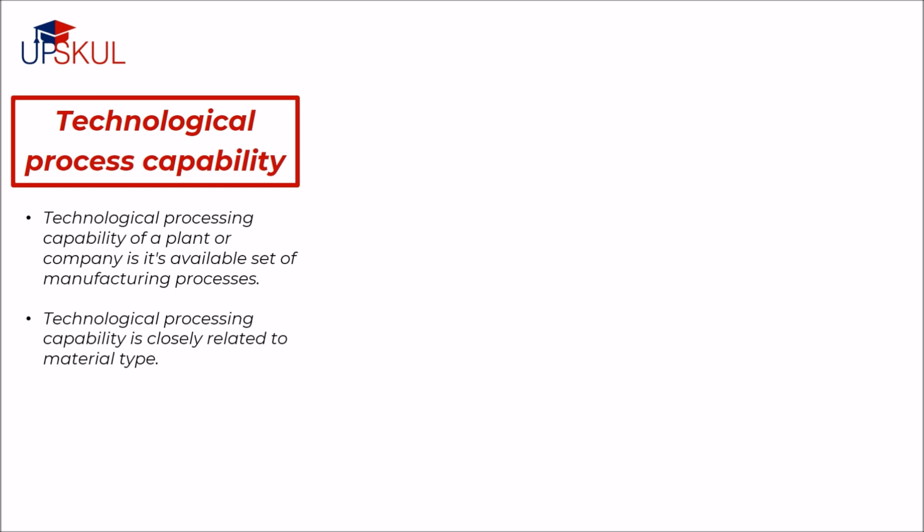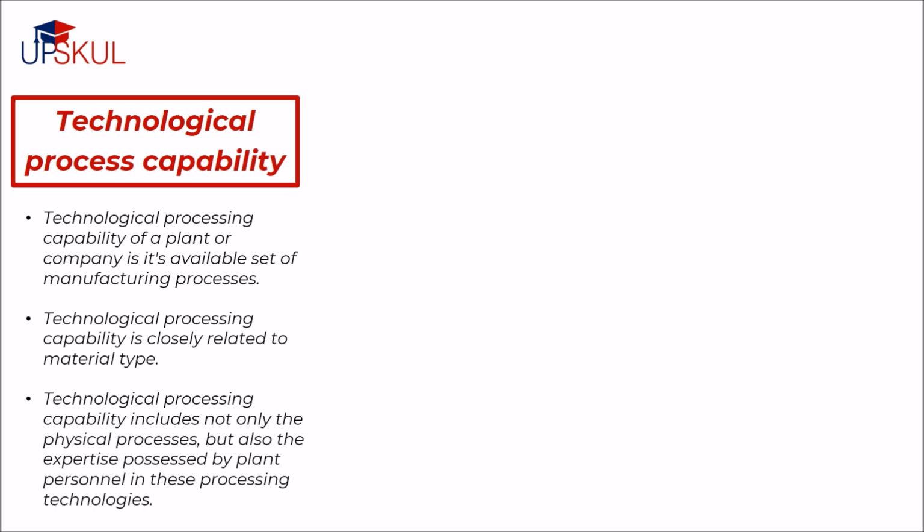Technological processing capability includes not only the physical processes but also the expertise possessed by plant personnel in these processing technologies. Companies must concentrate on the design and manufacture of products that are compatible with their technological processing capability.